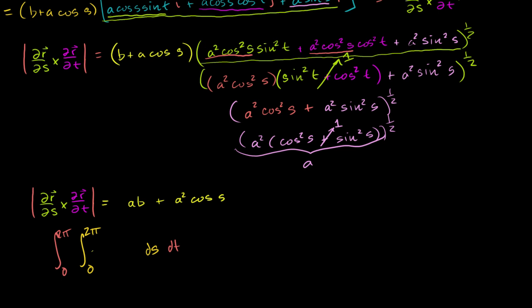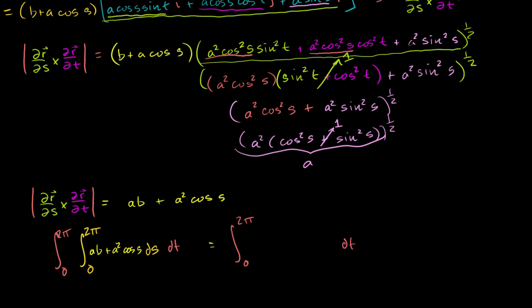Things are getting simple all of a sudden, or simpler. ab plus a squared cosine of s. And what is this equal to? Well, we just take the antiderivative of the inside with respect to s. Let me do the outside of our integral. We're still going to have to deal with the 0 to 2 pi and our dt right here.